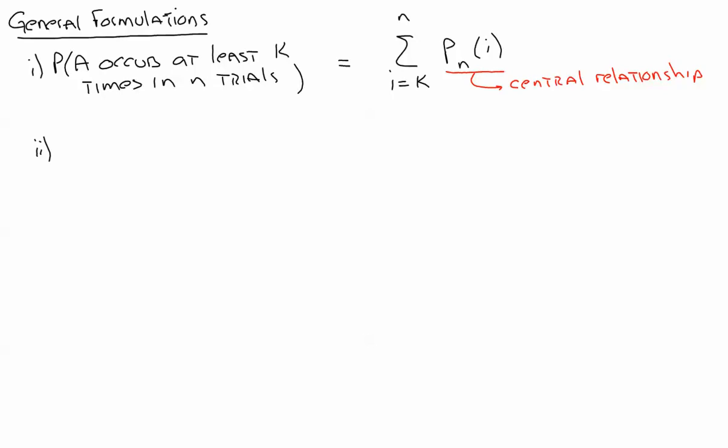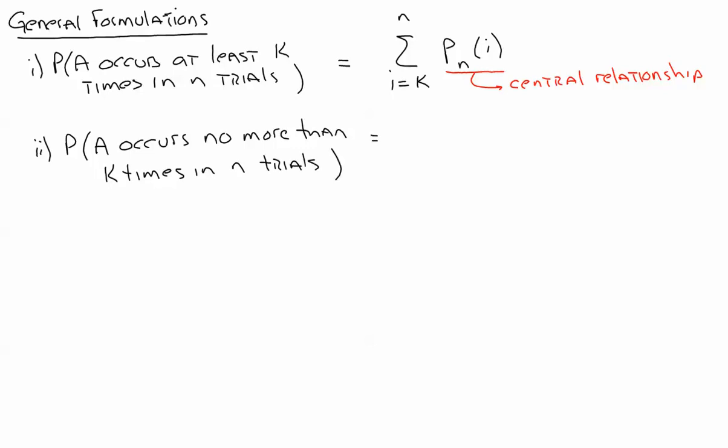Second one: the probability that event A occurs no more than k times in n trials. That is the summation from i equals 0 to k of P sub n of i. Once again, my central relationship.